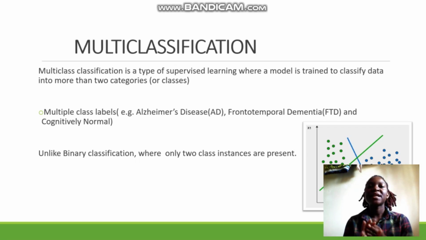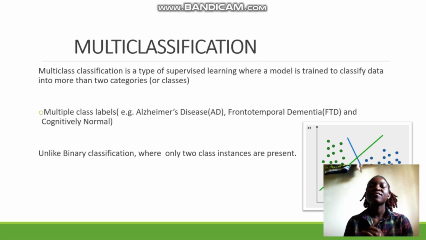Let's say you have 3 classes of animals. You have a cat, you have a dog, and an elephant. So you want to train your supervised machine learning model by showing it thousands of pictures of these 3 classes. So in the long term, it will learn the pattern.